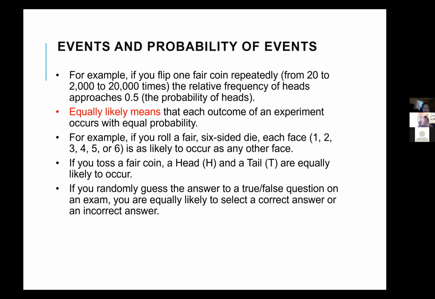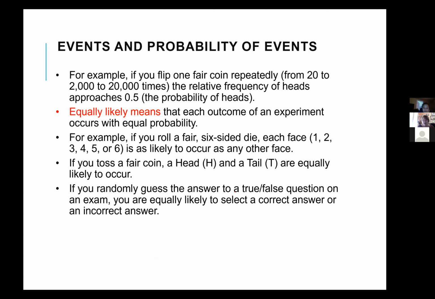You would expect if you flip a coin that getting a head or a tail would be equally likely. So if you have equally likely events, the probability is a half. And if you flip that coin multiple times, you would expect the relative frequency of heads to be close to a half.